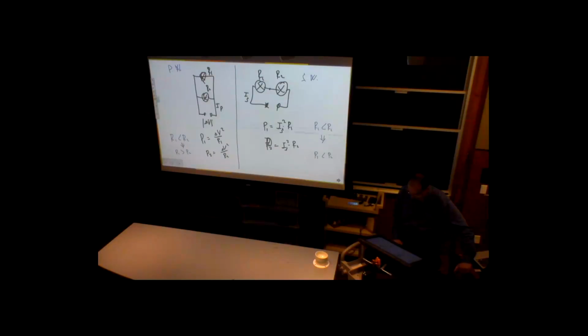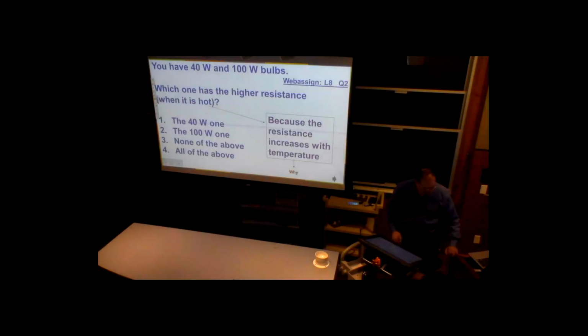And of course, if we talk about two specific bulbs, 100-watt bulb, 40-watt bulb, everything now goes to a question about the resistance. So this is the question I want to ask you. What do you think about the resistance?